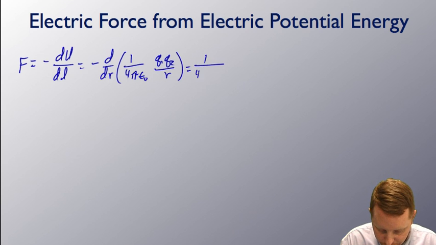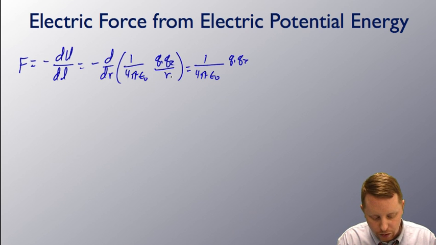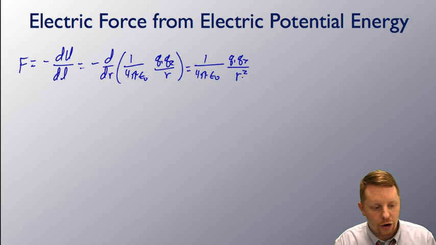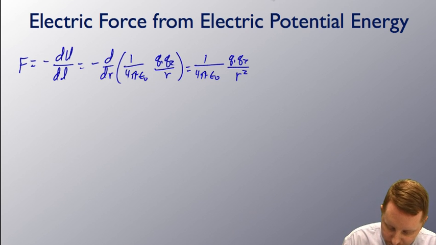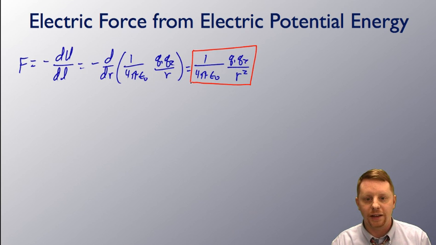So that's going to be 1 over 4 pi epsilon naught, Q1, Q2, and the derivative of 1 over R is going to be negative 1 over R squared, which cancels with the negative. So I get an R squared in the denominator. So now we have just gone the opposite direction to find Coulomb's law again, the electrical force from our definition of electric potential energy.